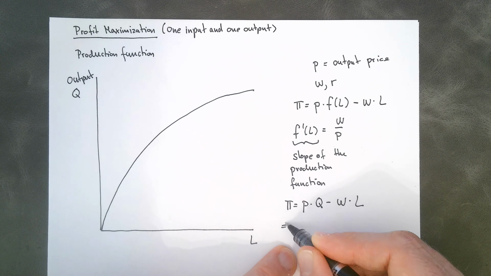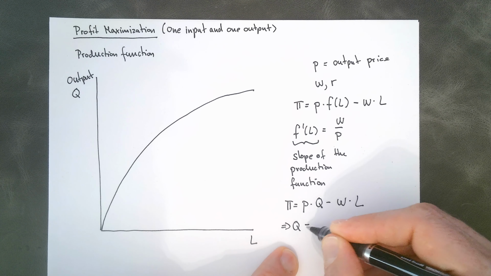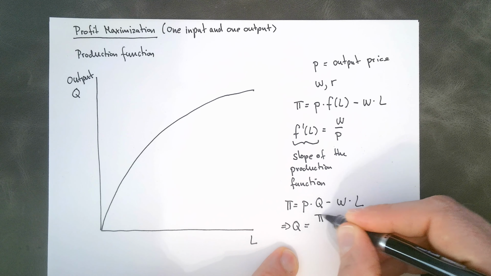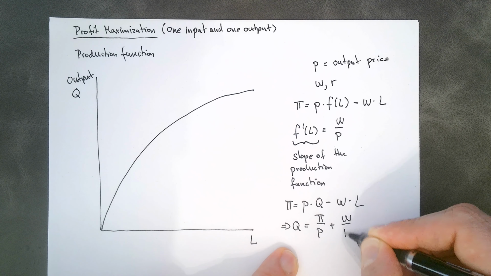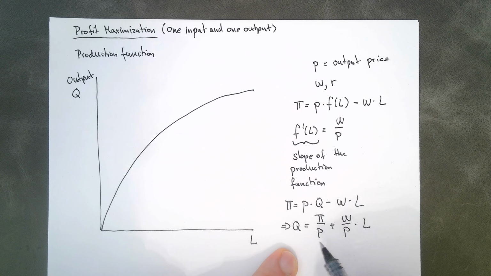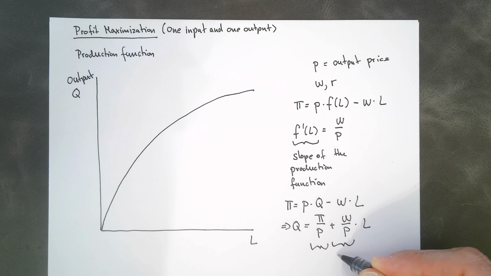If we solve this for Q, we get the following term, where we have an intercept, and note the intercept depends on the profit over output price. And then we also have the slope, and the slope here is W over P.